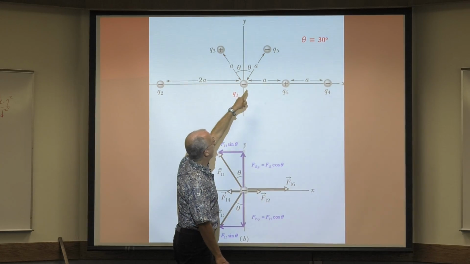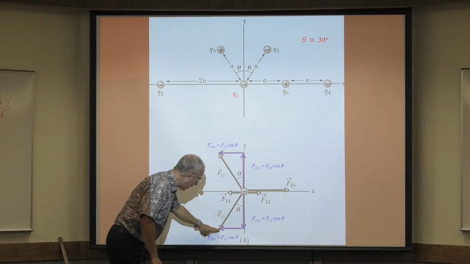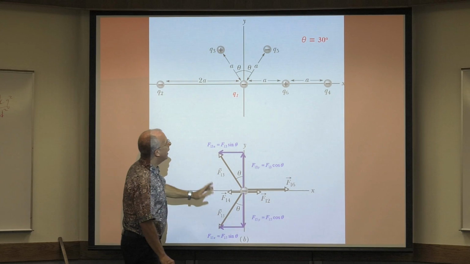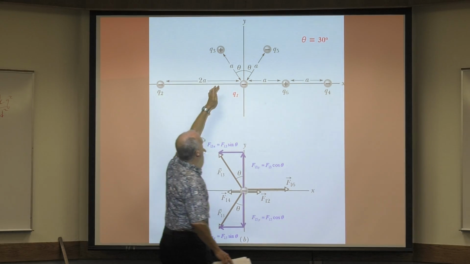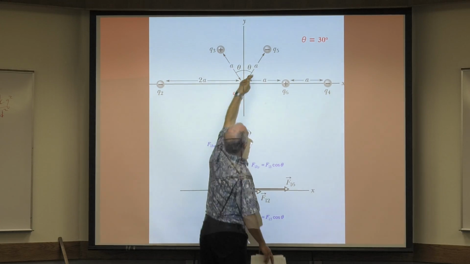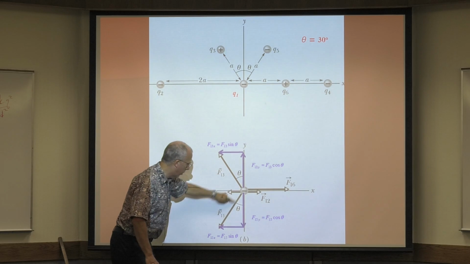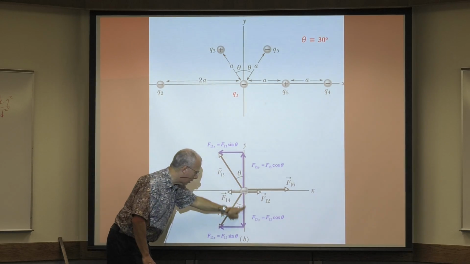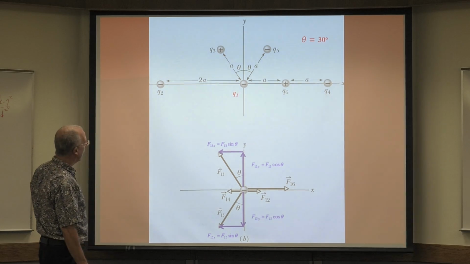What does Q5 do? It pushes it down that way. And again, they have the same charge, so the magnitude of this force is going to be the same as the magnitude of that force. So that one gets pulled up. This one gets pushed down. You resolve this. Okay? So I think we've done them all, right? Yeah, we've done them all.